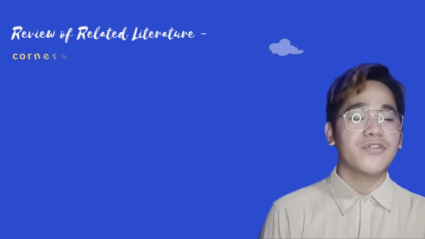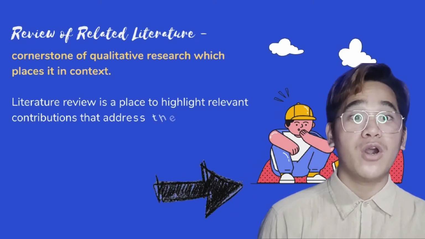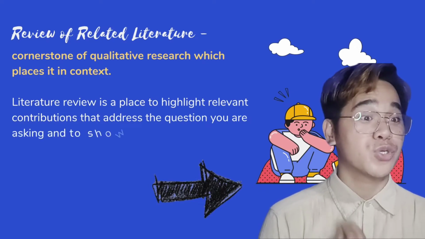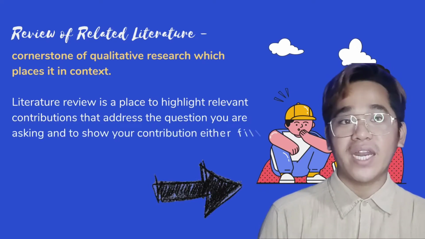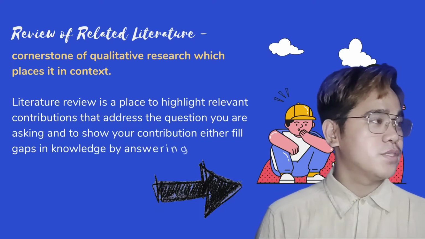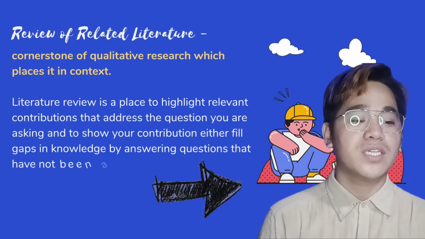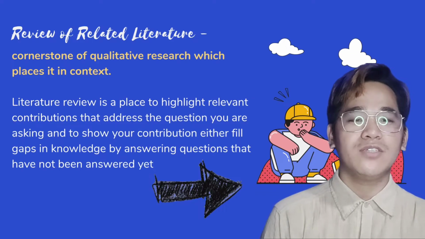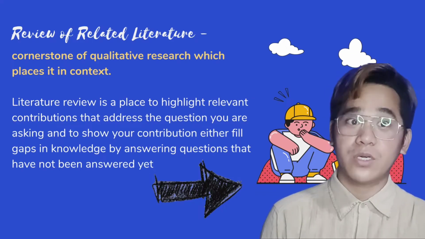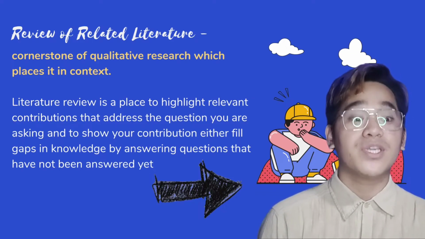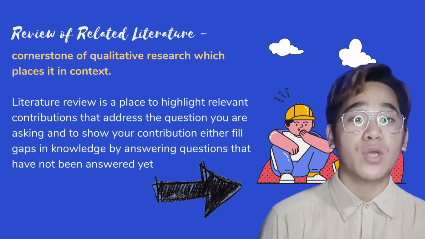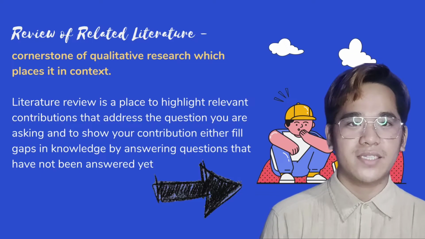So let us start first by discussing what review of related literature is. It is defined as the cornerstone of the qualitative research, which places it in context. Meaning to say, it is the cornerstone of research, not just qualitative, not just quantitative, but all types of research.